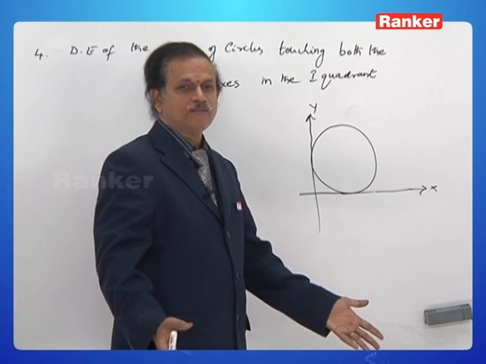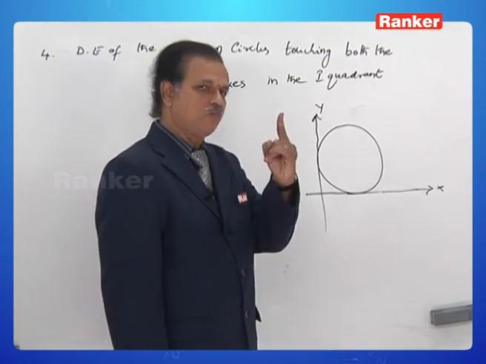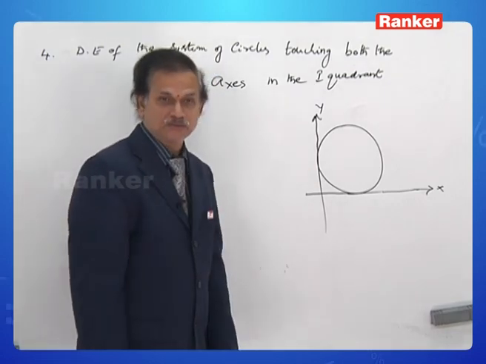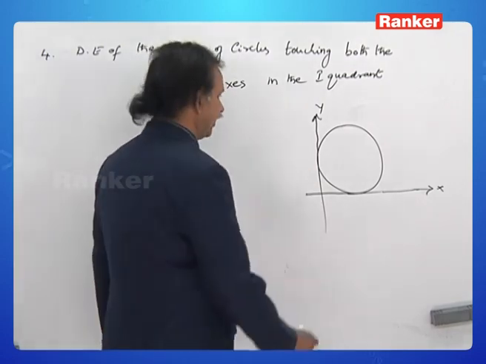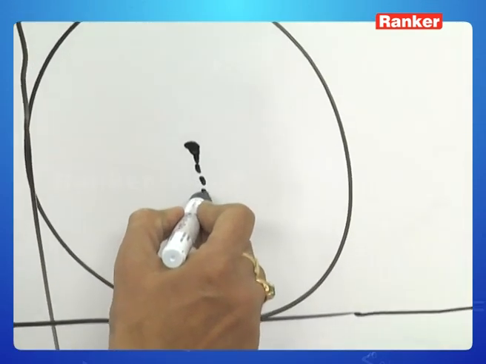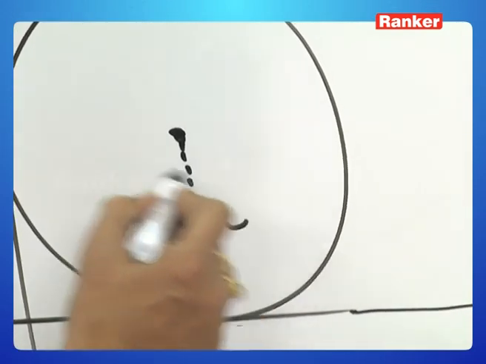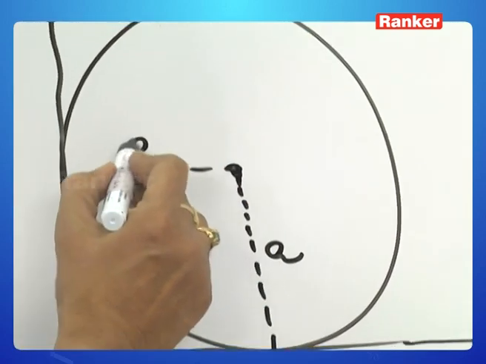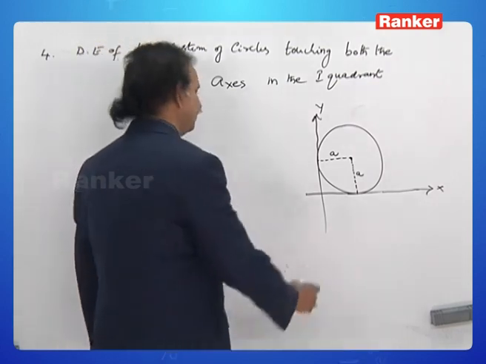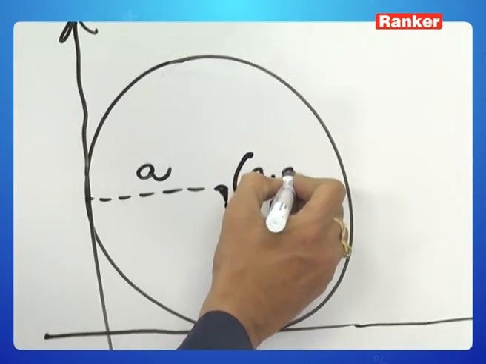We are not given the center and radius, but only one piece of information has been given. What is that? It touches both the axes in the first quadrant. Okay, let this be the center. Perpendicular distance from the center is the radius. Let this be a. This is also radius, so it is also a. We are clear. Everything is clear. Center is (a, a).